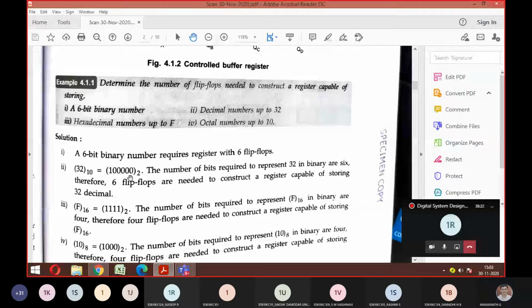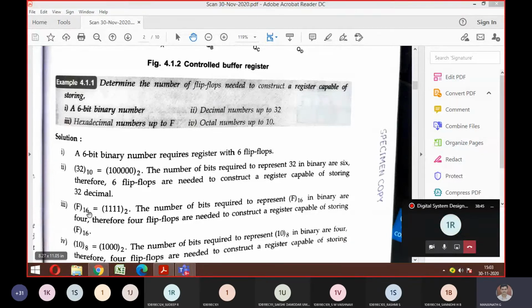Yes, sir. So how do you convert hexadecimal to binary? You just divide the given hexadecimal number into binary, 4 bits per digit, correct?